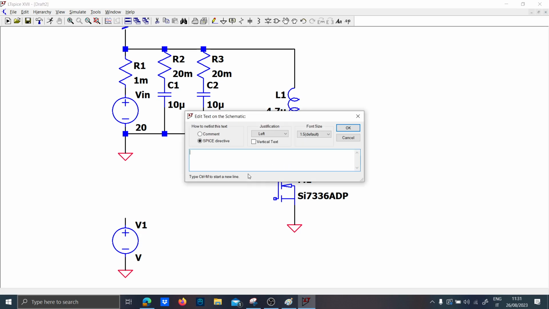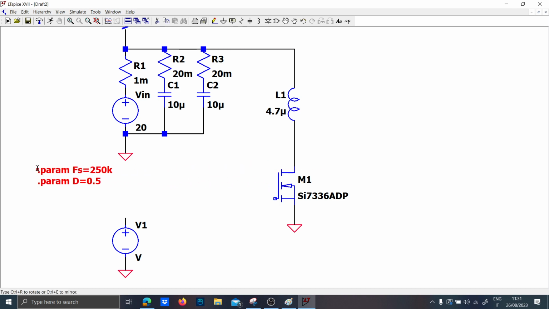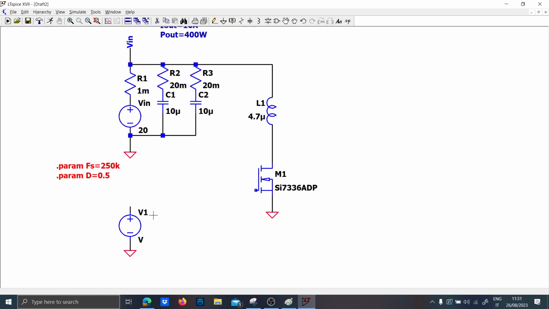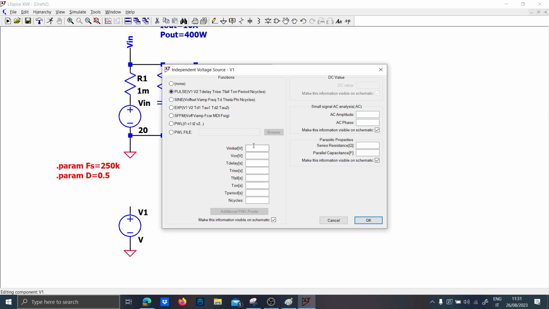Let's generate a pulse with a switching frequency of 100 kilohertz, no, 250 kilohertz, and a duty cycle of 0.5. Because we want minus 40 volts, we need a duty cycle which can make that. So 0, 50 volts, delay of nothing, rise time of 10 nano, fall time 10 nano, period on D over fs, and period 1 over switching frequency.